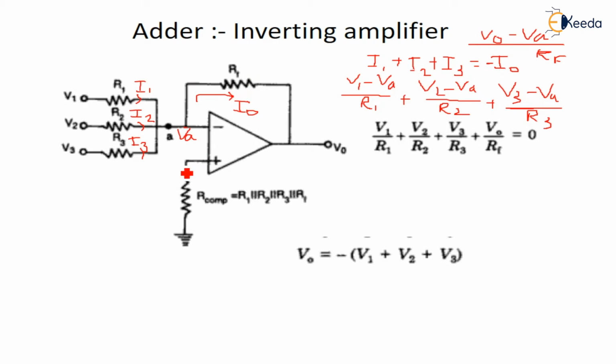But the non-inverting terminal is at ground. So due to the virtual ground concept, this VA will be ground. So VA will be 0.